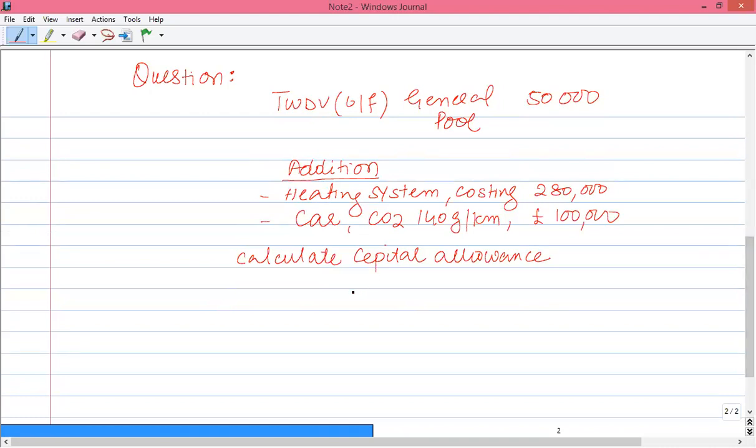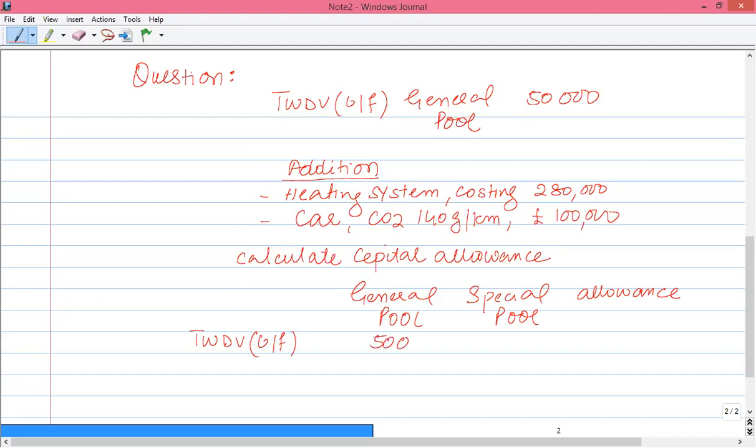Now let's calculate the values. We have the first column, main pool, then a special pool column, and afterwards the column of the capital allowance. The opening balance, that is TWDV brought forward, is 50,000, and now we have additions.